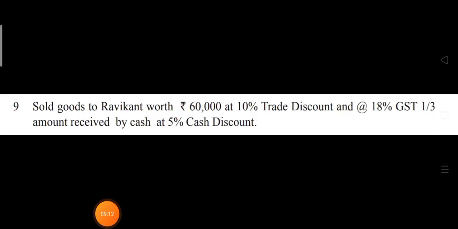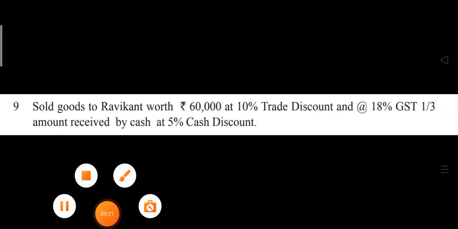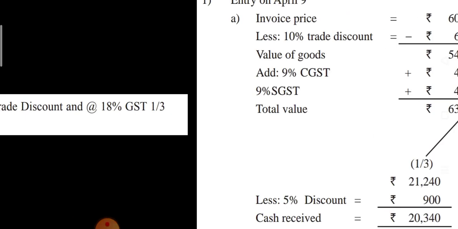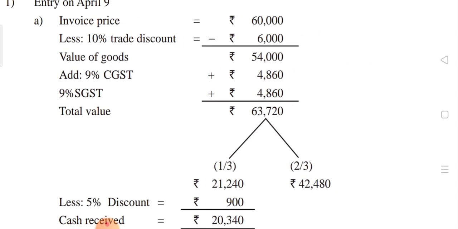See here what they have given? 1/3 amount received by cash at 5% cash discount. Okay, 1/3 अमाउंट हमने रिसीव किया है. कैसे रिसीव किया है? बाय कैश. कैश रिसीव किया, सो उसी के ऊपर मैंने 5% डिस्काउंट भी दे दिया. So 1/3 amount is how much? 63,000 के 1/3 कितने होते हैं?